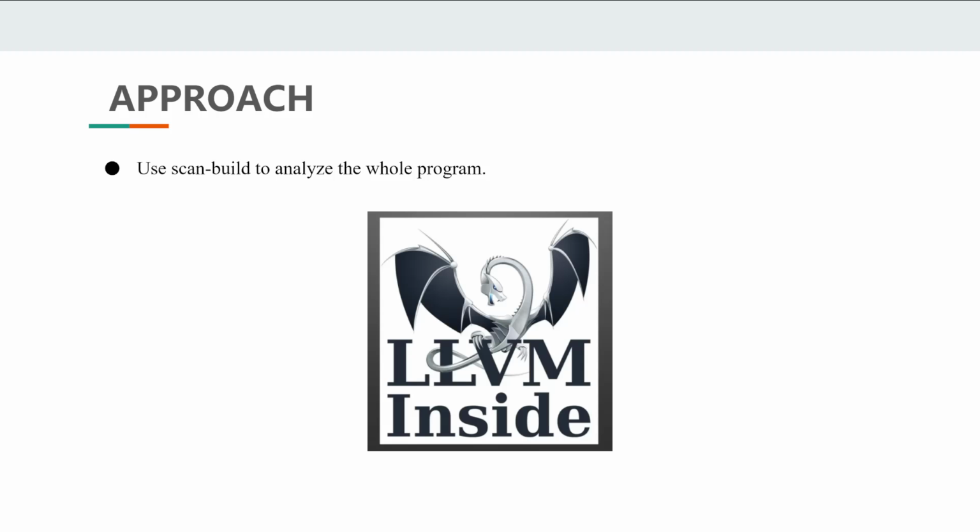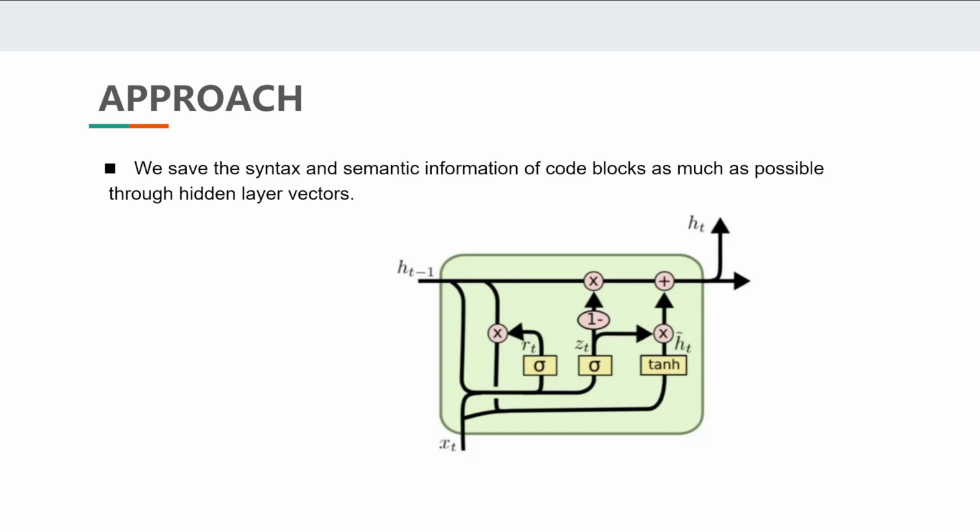Static analysis is the key module of our model. It uses scan-build to analyze the program, converts each function into a control flow graph, and stores the AST information of each node's corresponding code block. When too much information is added to the graph, the information will be too complicated, resulting in difficulty in the vector input part.